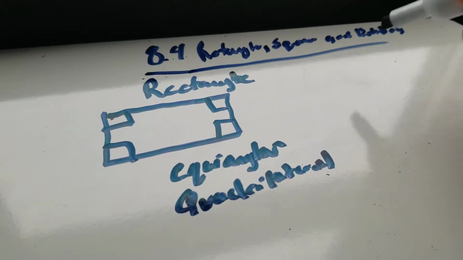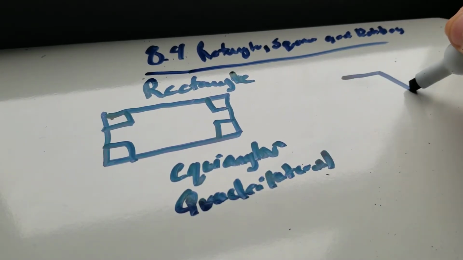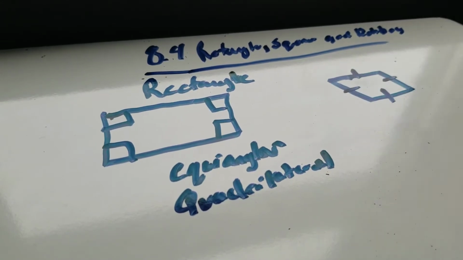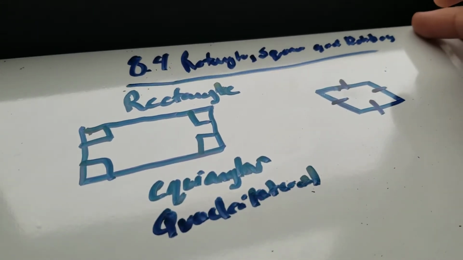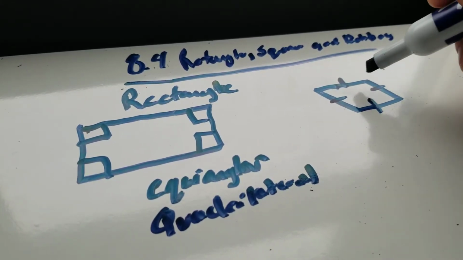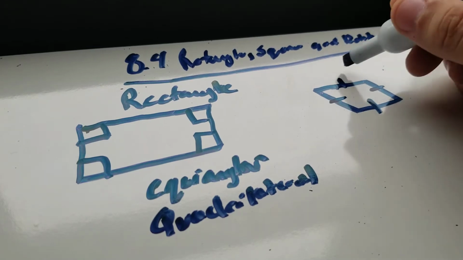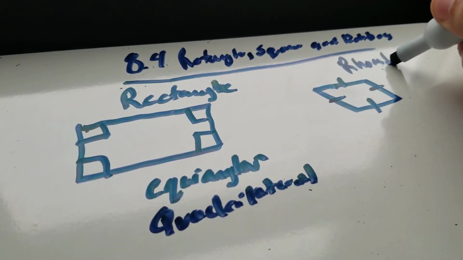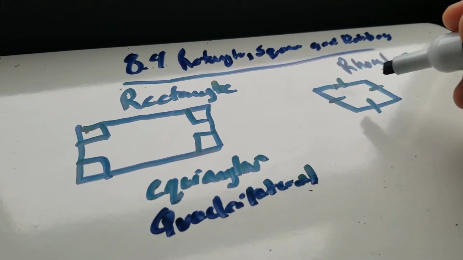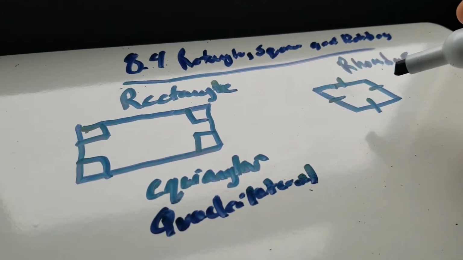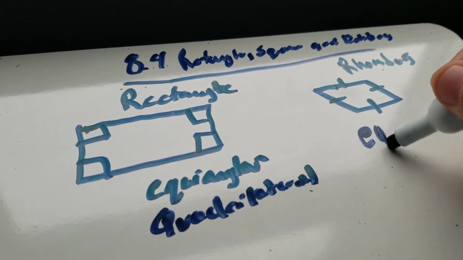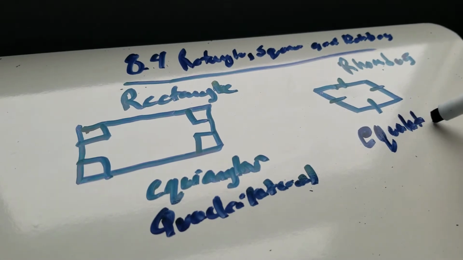Now we're going to talk about a rhombus. In a rhombus, all four sides are equal. Remember in a parallelogram, the opposite sides have to be equal? In a rhombus, all four sides are equal. So what do we call a shape with all sides being equal? That's equilateral.